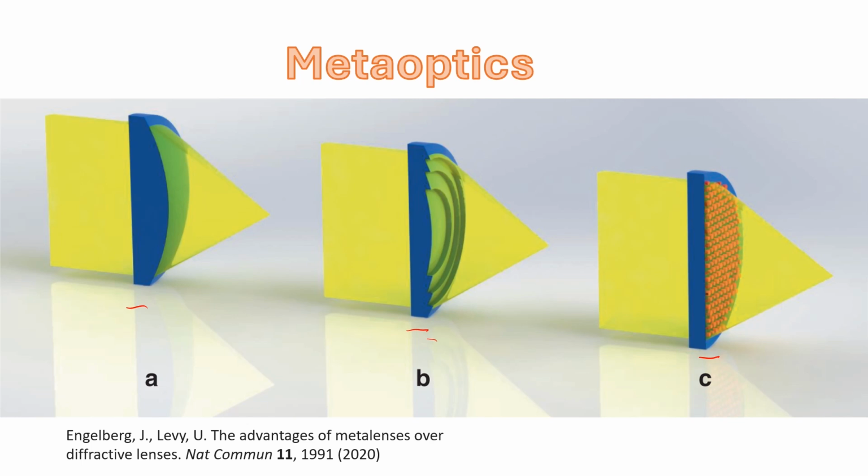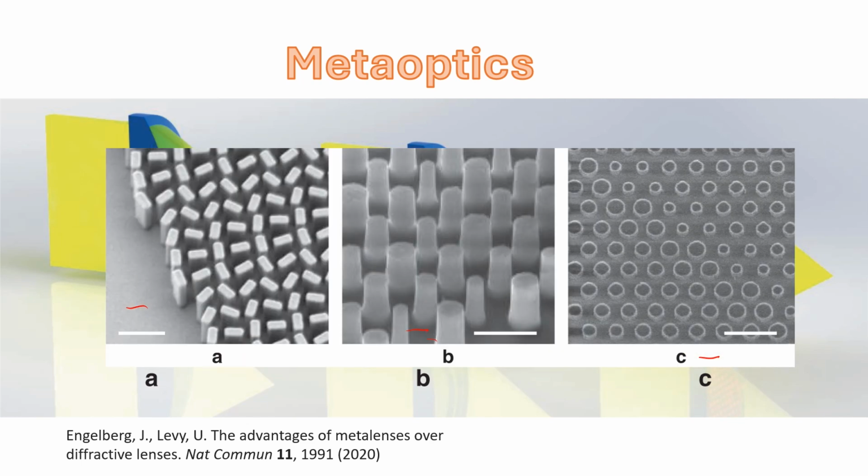And metaoptics currently uses things like these nanostructured surfaces. Here we have nanodiscs and little bars that are created out of refractive materials to create structured behavior in the optics. You can use this, of course, to create diffraction gratings, to refract light, to bend the direction of light, or to create lenses.